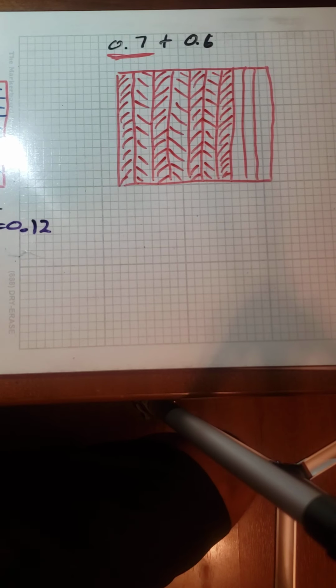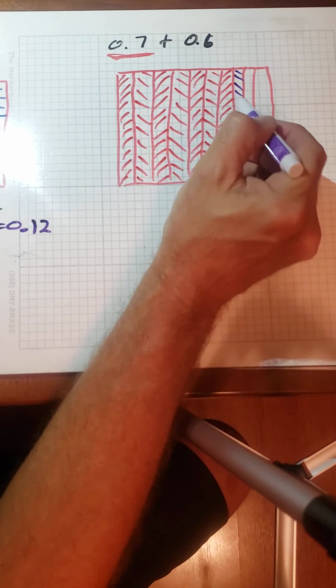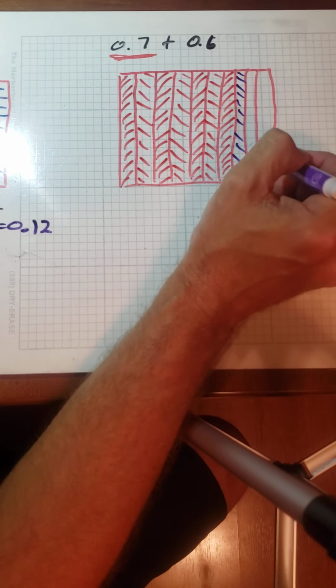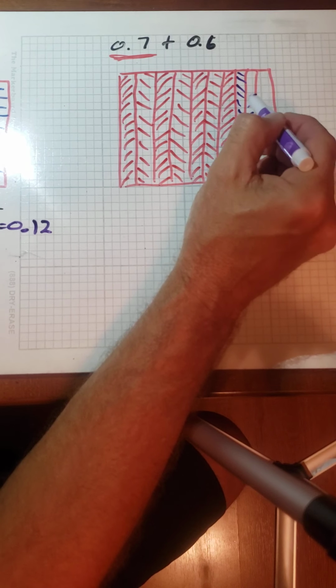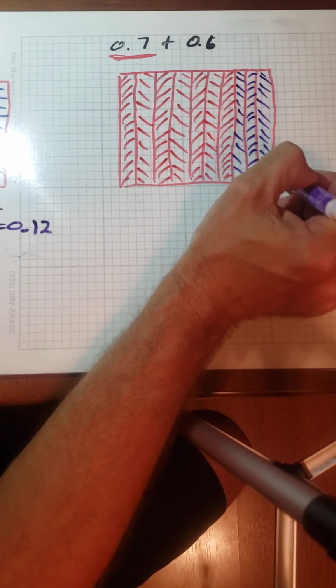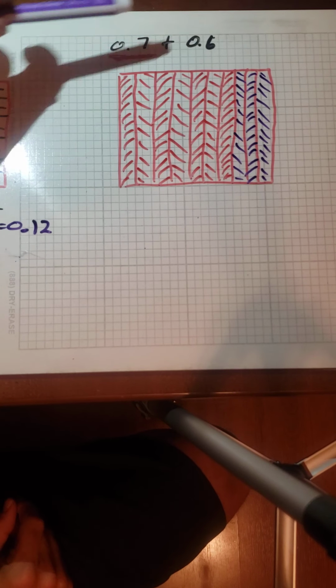Okay. And then it tells me that I need to add 6 more. So I'm going to go 1, 2, 3. But I notice that now it's full. So I still have 3 more I need to add.